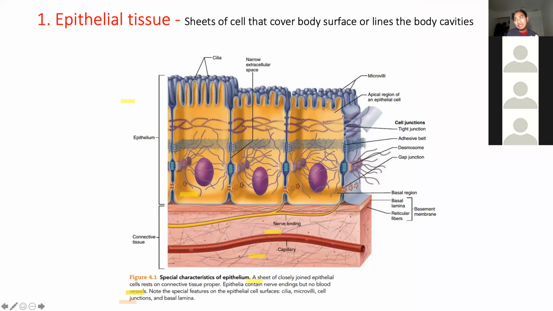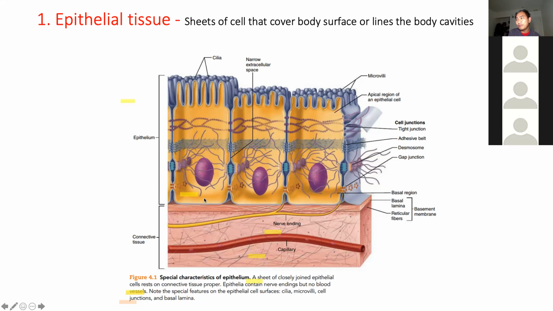So epithelial tissue has to sit on the connective tissue. Connective tissue is something like glue in our body. They are trying to hold and fix everything together like a super glue. So epithelium has to sit on the connective tissue.